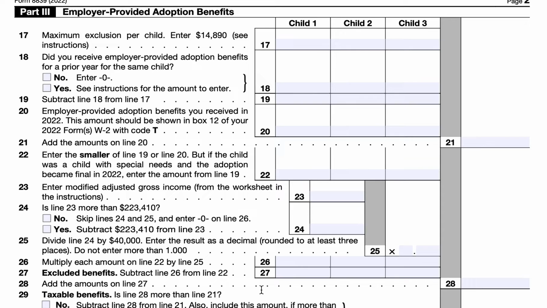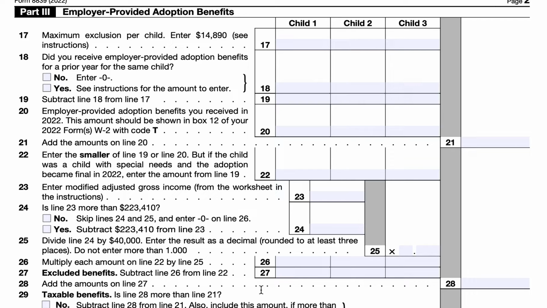For line 25, you will divide the number in line 24 by $40,000. Enter the result as a decimal rounded to at least 3 places, but do not enter more than 1. For example, if the amount in line 24 is $20,000, you would divide that number by $40,000, resulting in a decimal of 0.500.